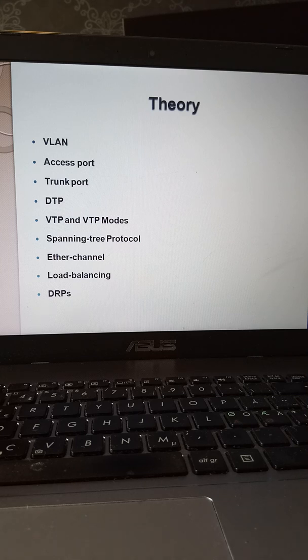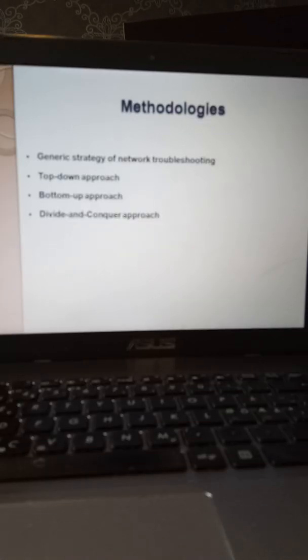First hop redundancy protocols like HSRP, GLBP and VRRP, and dynamic routing protocols OSPF, EIGRP, BGP, which are used in this project.